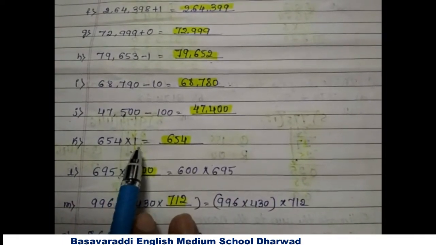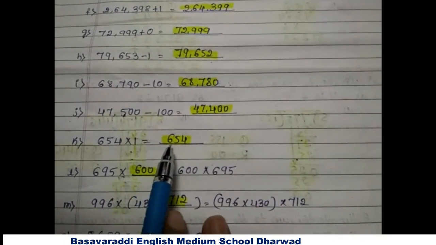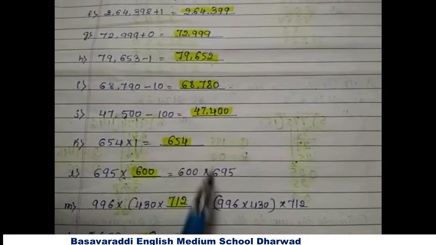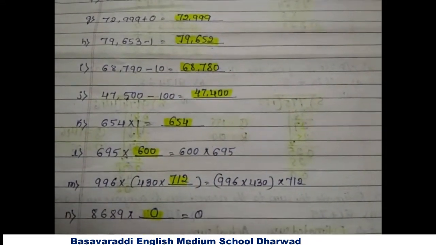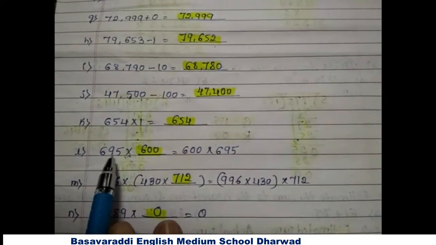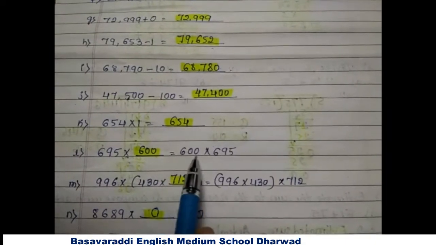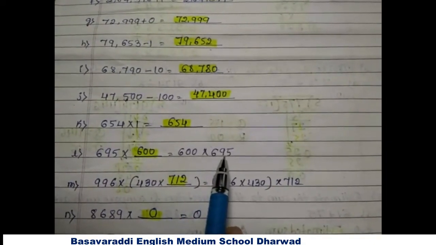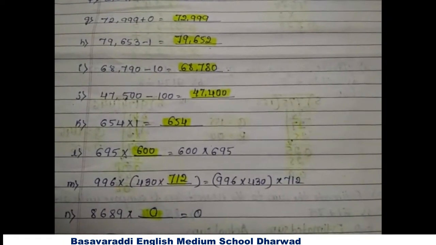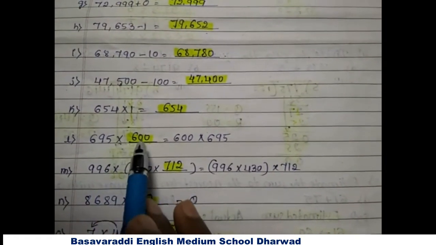The K question, 654 into 1 is equal to the number itself, 654. The next one, L: 695 into dash is equal to 600 into 695. The properties of multiplication. Just recall the order property.